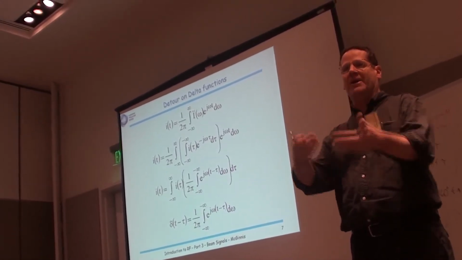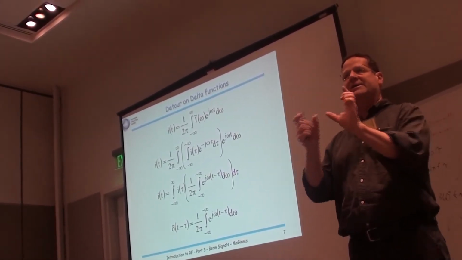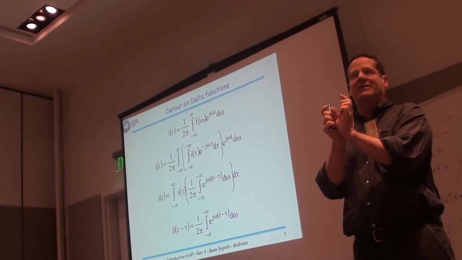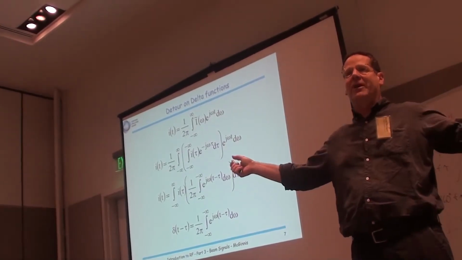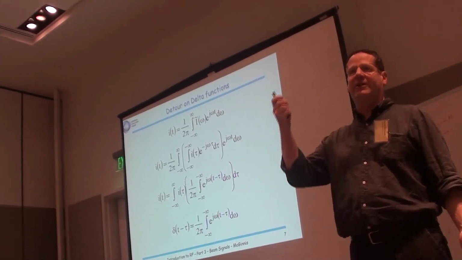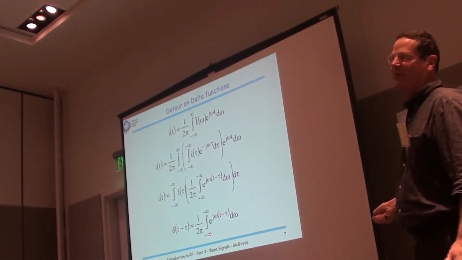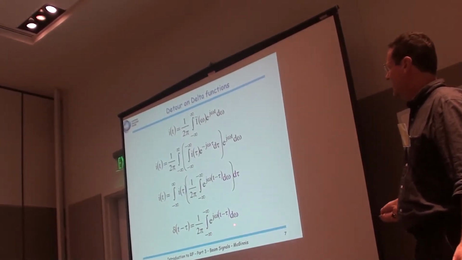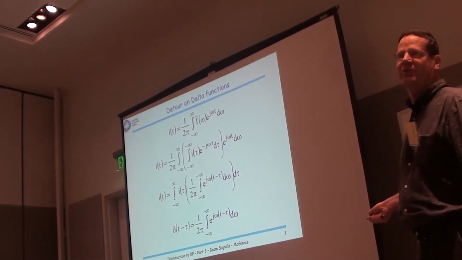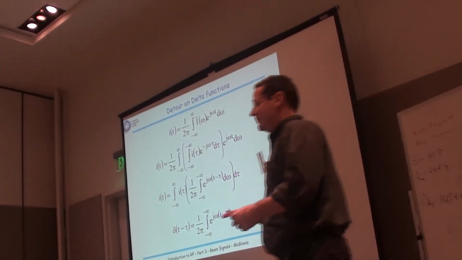They don't overlap, except when the two frequencies are exactly the same. Then when I integrate over them, they get up to infinity. So it makes sense that this is a delta function. This little trick is very helpful for signal analysis.